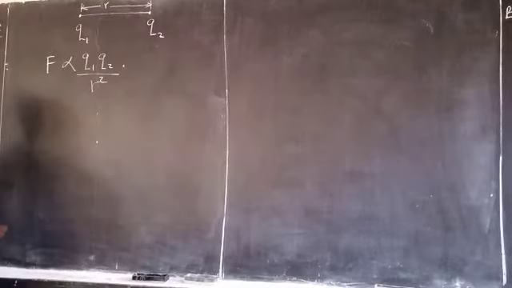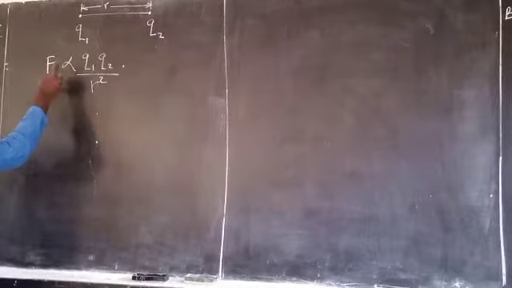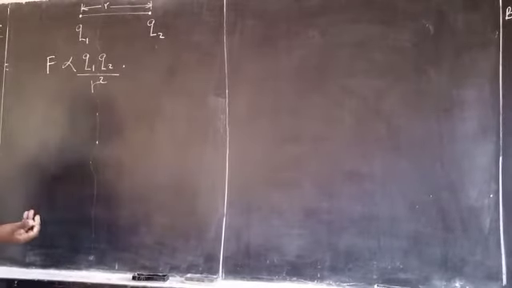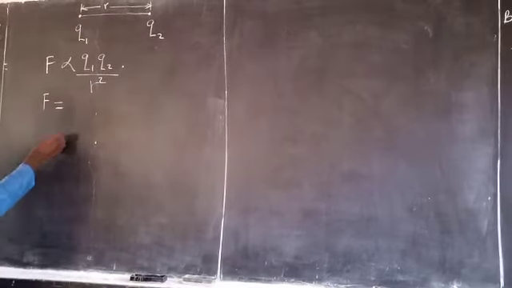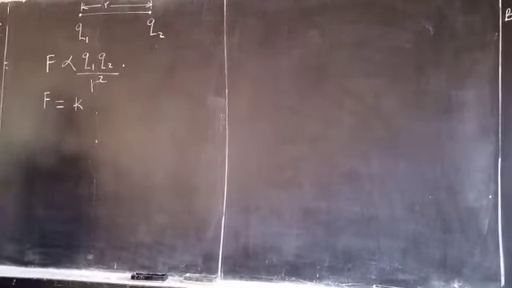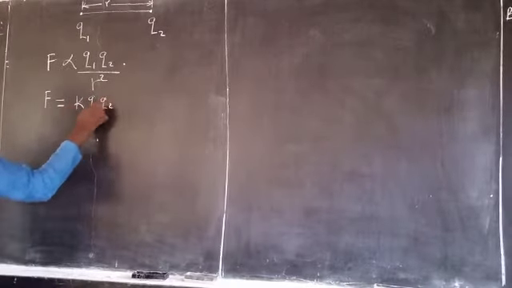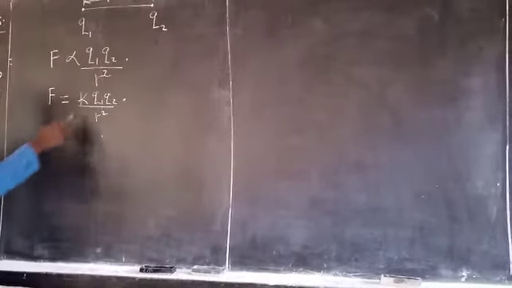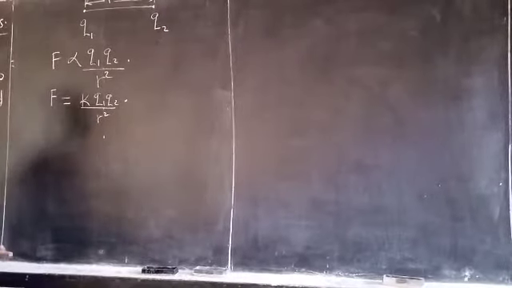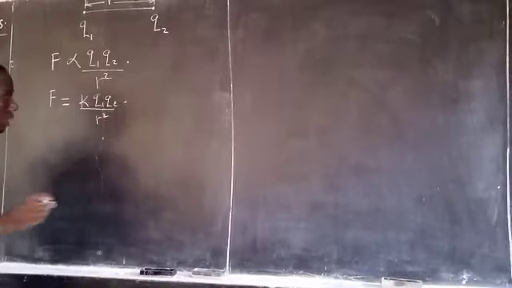We can go ahead on the mathematics. When you have this, you can move it and put a constant. Therefore, force equals, put a constant, let's call it K, Q1 Q2 over r squared. This constant depends on the medium in which the charges are situated.